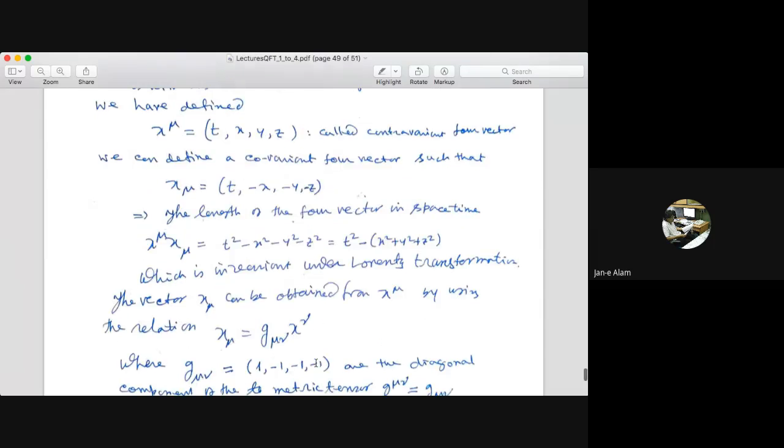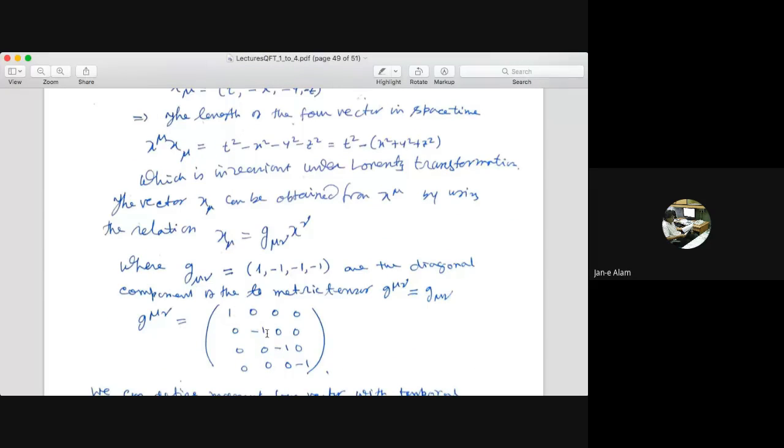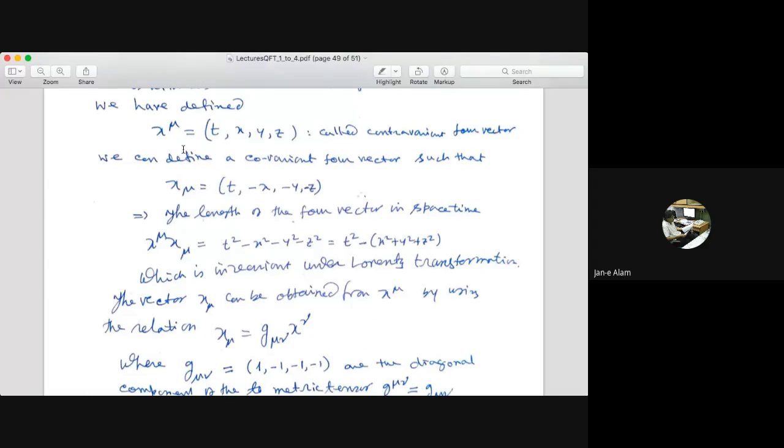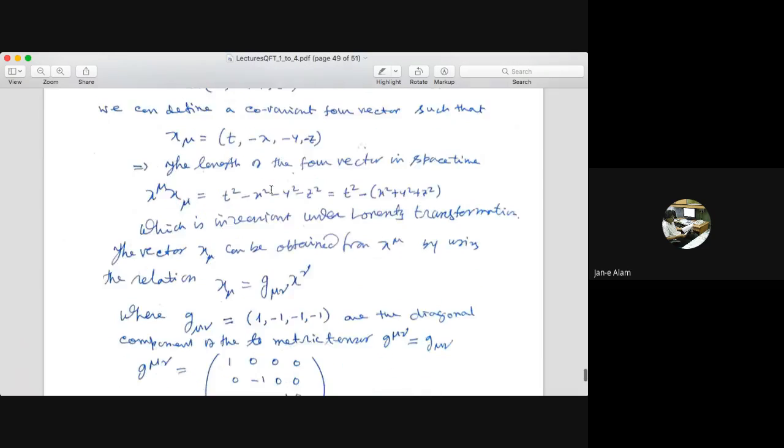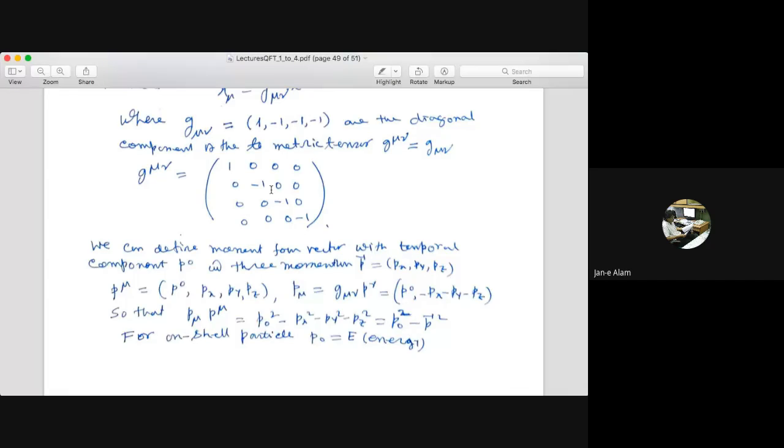So when I multiply the contravariant vector, which has all components with positive sign, by this, except for the temporal component, all other components get a negative sign. So the magnitude of each component remains the same, but only the spatial components appear with a negative sign, and that will remain invariant, as is the case for the Lorentz transformation.